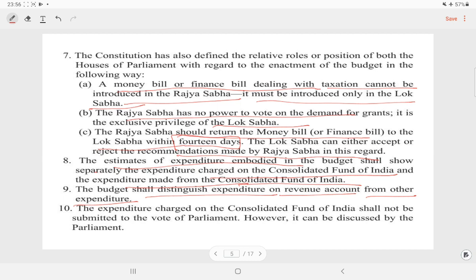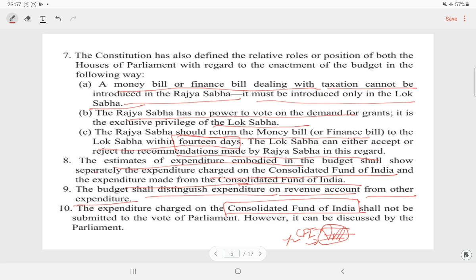Okay, and also one important point regarding Consolidated Fund, for now just for basic understanding, suppose this is a big bank, and here all the money is being deposited and government can withdraw it by passing a bill. So this big bank, or whatever we can say it, just think of that as a consolidated fund.